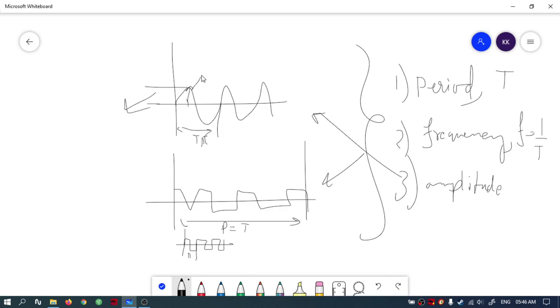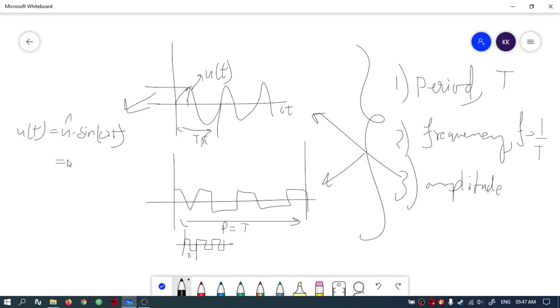For example, if this is a voltage signal in time domain, then this voltage signal is given by the expression of amplitude times sine of omega t. Omega t is the domain in which the signal is traveling, and in this case there is no phase.